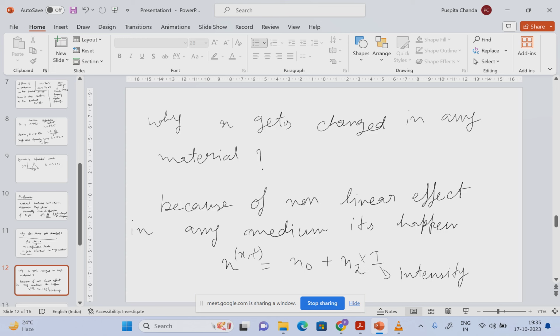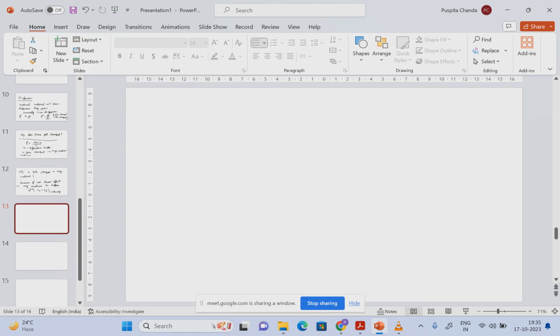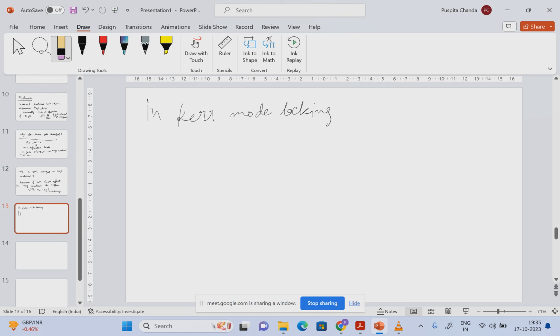I was discussing the Kerr medium, and I mentioned that when we did mode locking, in a material like this, this is the beam, here the intensity is high.